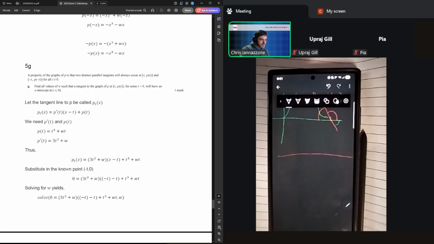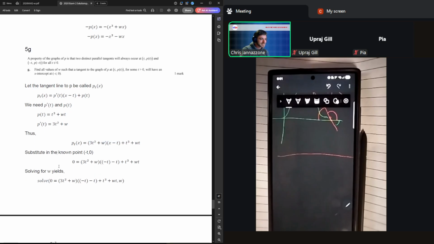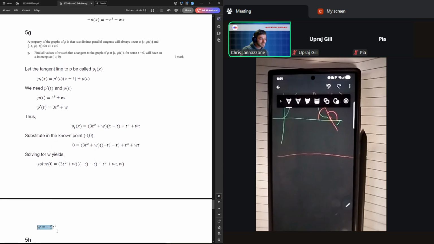And so you do exactly that. Replace every t with a negative t. That probably should say negative t. Point is, replace all these t's with negative t's, sub in 0, and that will get you this. But that's not the final answer. That's just an equation. W is going to be negative 5t squared.